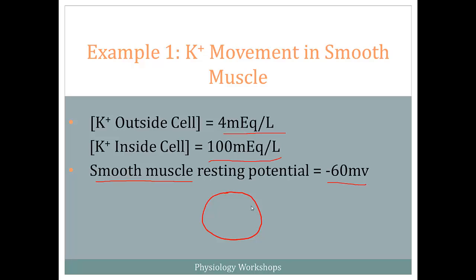So if we have our cell and we have our potassium channel, and we have inside the cell a concentration of 100 milliequivalents per liter, and on the outside we have 4 milliequivalents per liter.